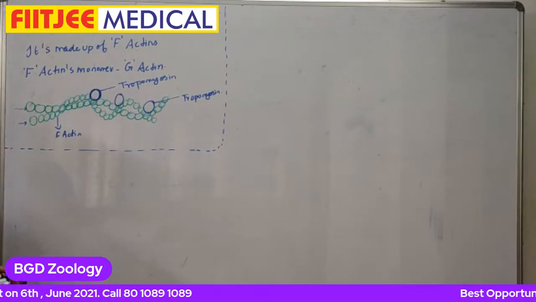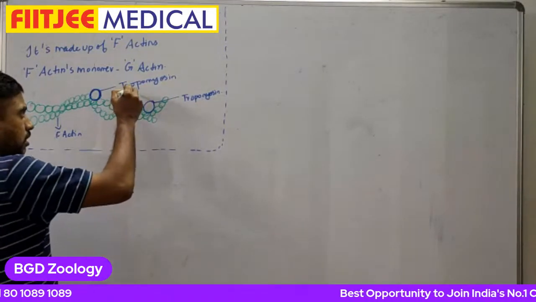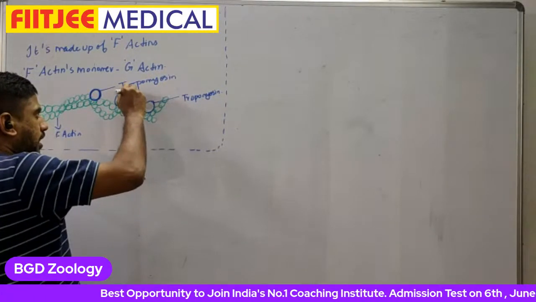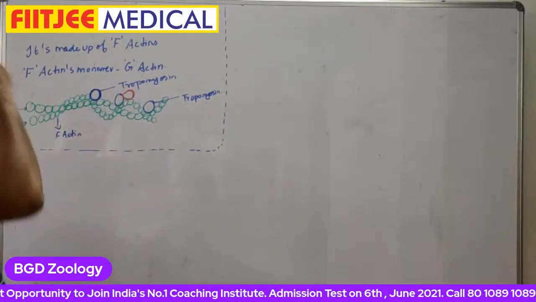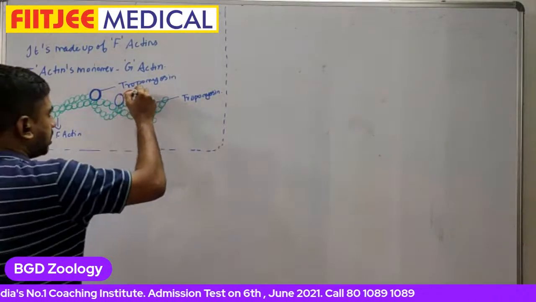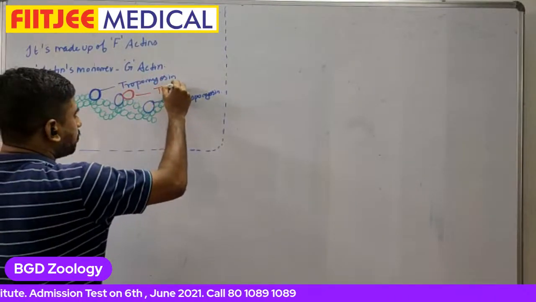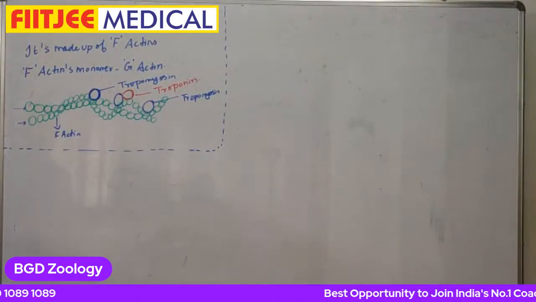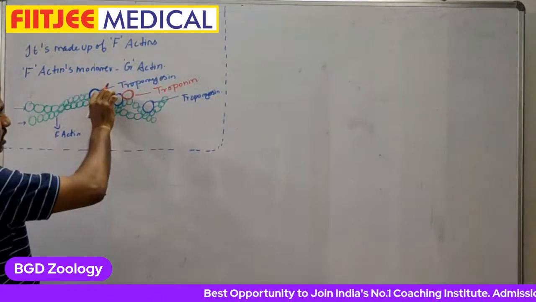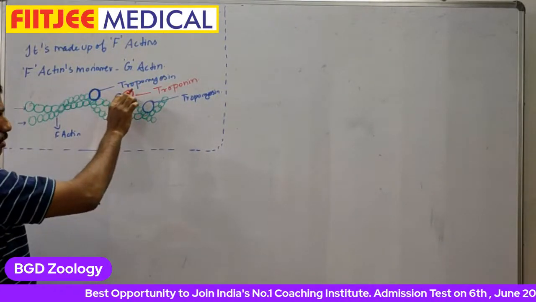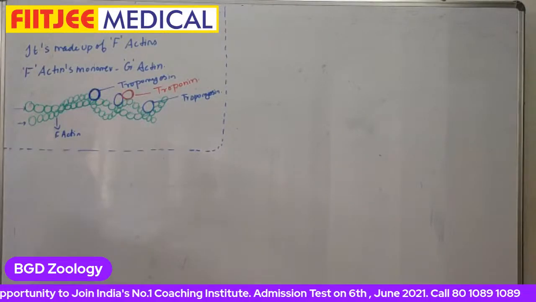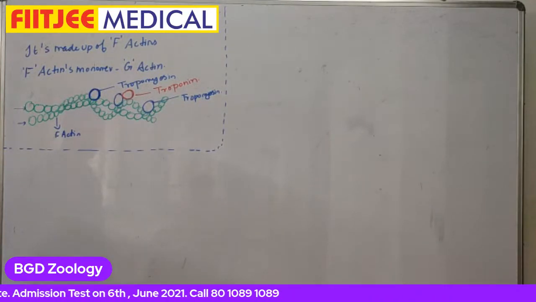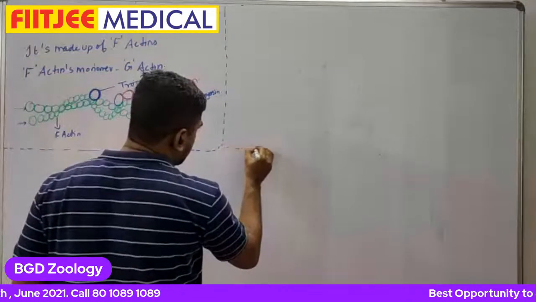Now the next one is really important. Closely associated with this tropomyosin and this actin, you can observe another protein, and that's called troponin. Right. So in the actin filament, you can see the tropomyosin and the troponin also. This is actually a very important thing, so let me write it out.